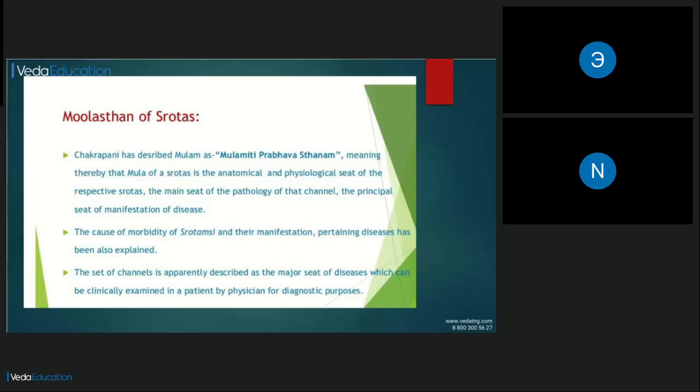So we may consider the physiological way, as in Manovaha Srotas, etc. And the Moolasthana is very important, because that is the place from where any physiological or even pathological activity can begin. In many diseases you can see Srotas get disturbed, damaged, or blocked, causing many pathologies. Moreover, Srotas is the site for manifestation of the disease, which is very important.